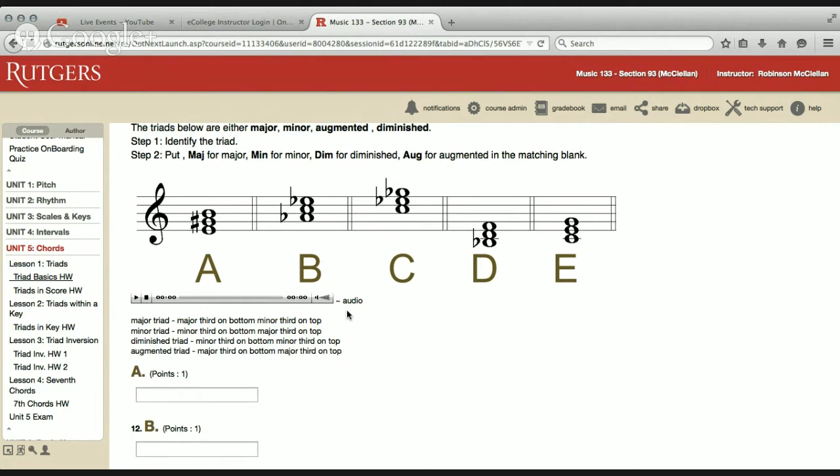I think it's always good to just keep in mind starting from the lowest note, assuming you have a stack of thirds, which in later homework we'll have to consider. But in situations like this, people have to just remember to start with the bottom note and count their half steps to the middle note, and is it 3 or is it 4?